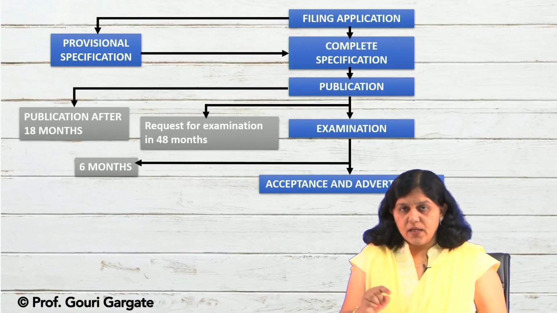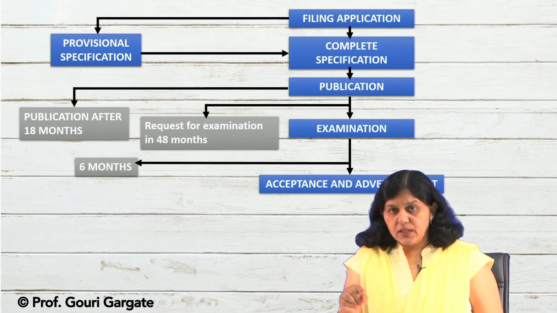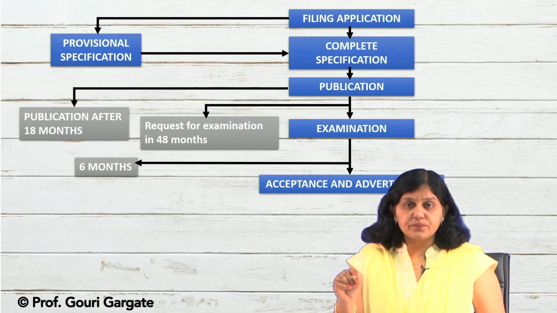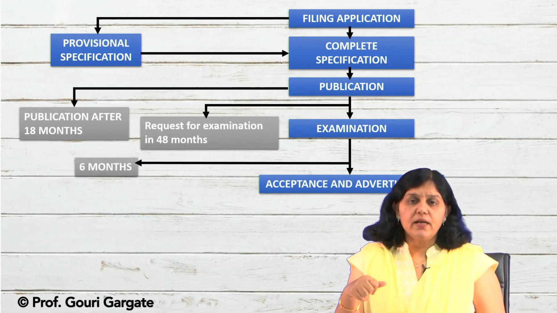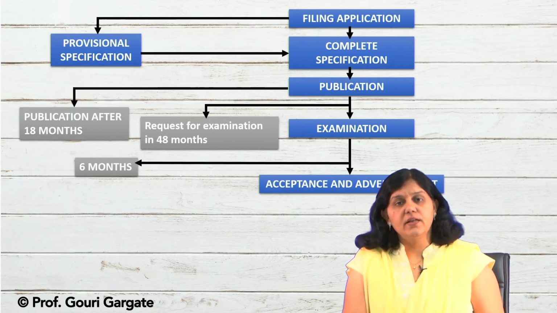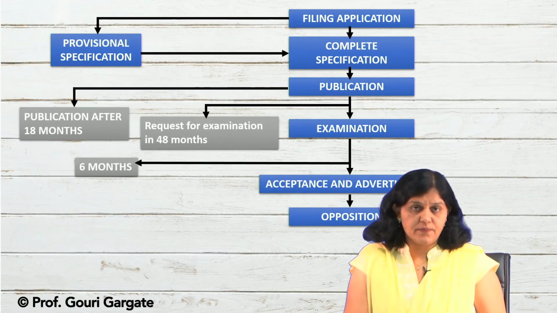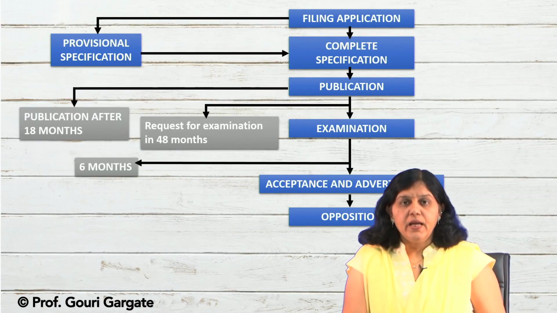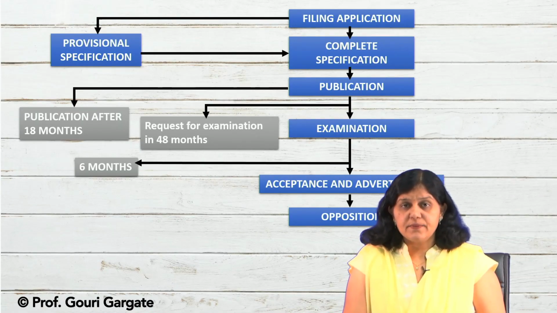So, the process started with the application, then publication, then examination, then the first examination report, then the reply to that first examination report, then hearing, and after hearing the patent will be granted, rejected or partially accepted. Okay. Is there anything else other than this?